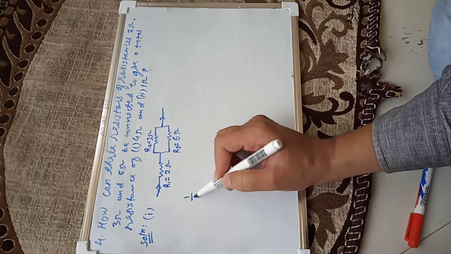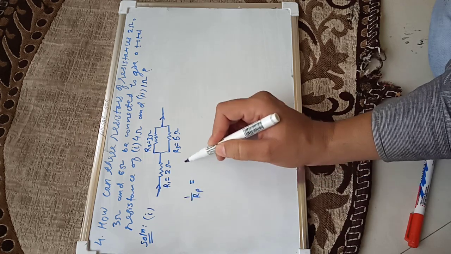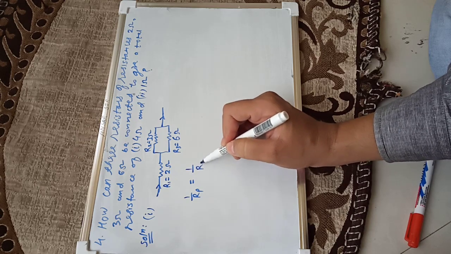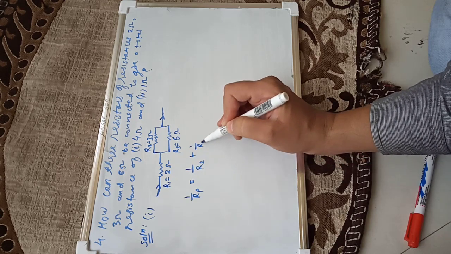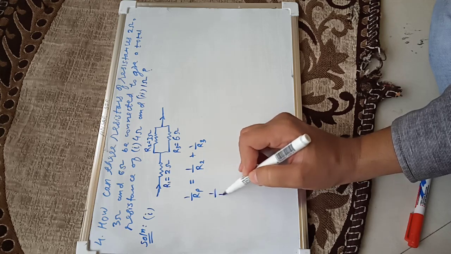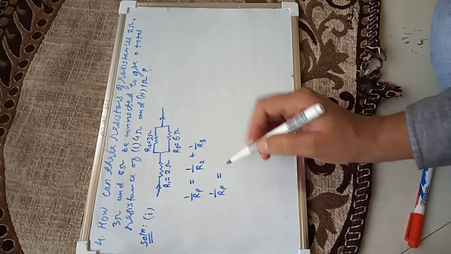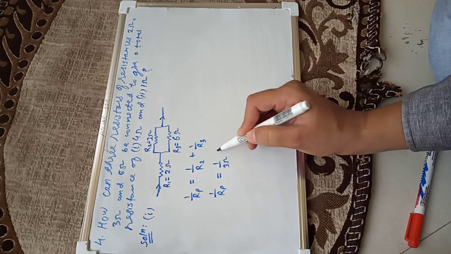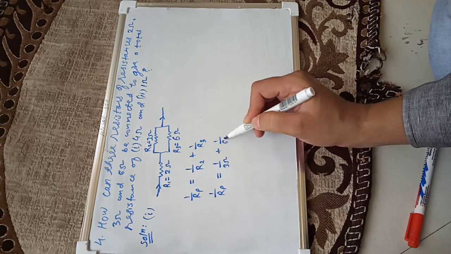So 1 upon R parallel is equal to which two are in parallel? R2 and R3 are in parallel. So it is 1 upon R2 plus 1 upon R3. So 1 upon Rp is equal to 1 upon R2 is 3 ohm plus R3 is 6 ohm.